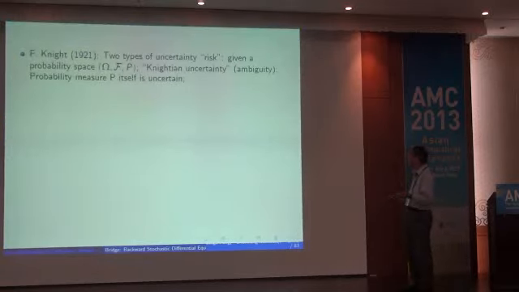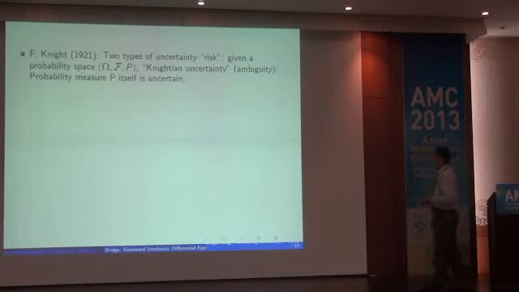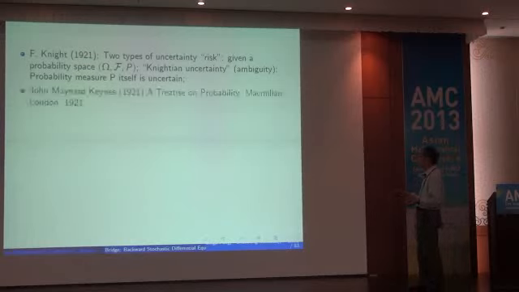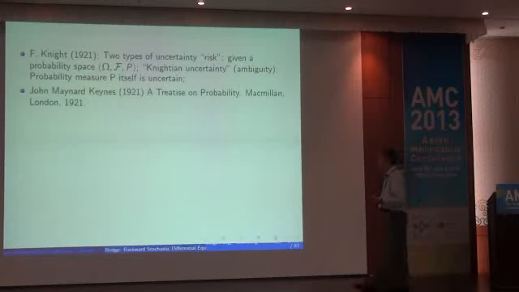This kind of Knightian uncertainty is very well known in economics. For example, there is Knight, and in the same year Keynes also worked on it.